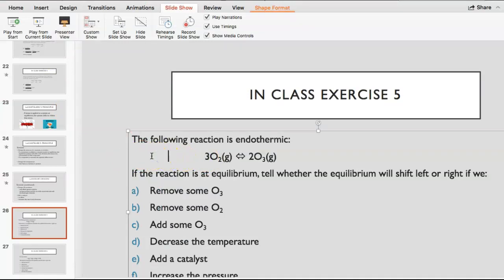So I'll go right here, plus, heat. All right, so it's an endothermic reaction, so we said heat is a reactant. And so we've added heat as a reactant. All right, so let's go back to the slideshow.